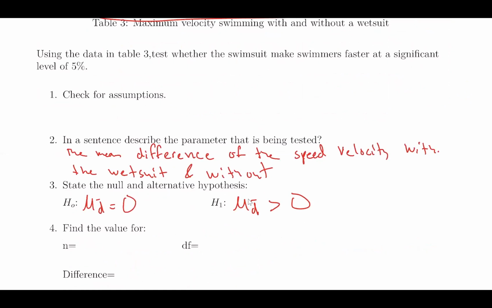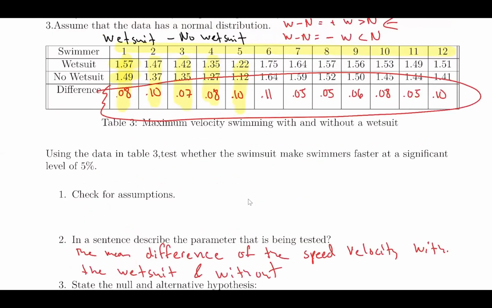All right, so let's do step number 4. Step number 4, just get the n, the degrees of freedom, and the difference. So n in this case is 12, degrees of freedom is 11, and the difference, well, this is my difference.